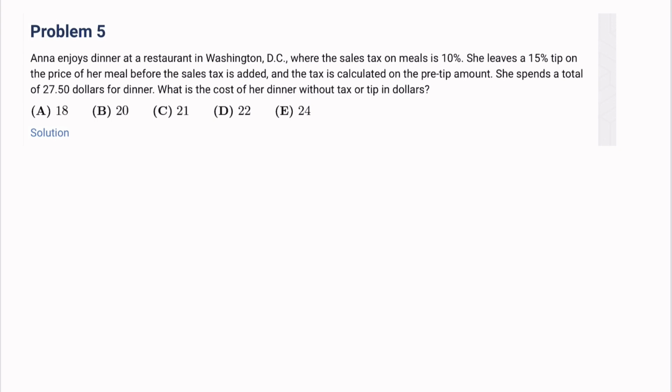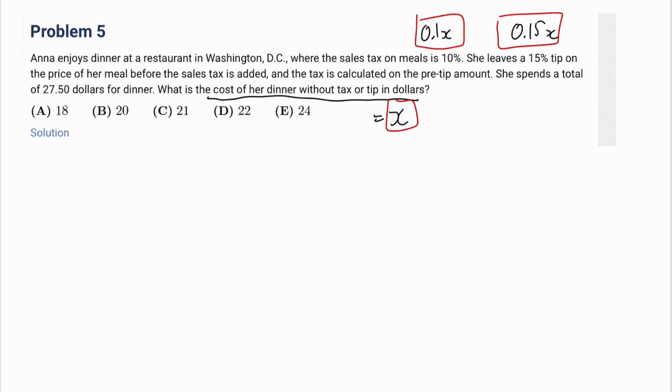Okay, so let's say the cost of her dinner without tax or tip is x, right? And she had 10% sales tax, which means 0.1x, and she left a 15% tip, which means 0.15x, right? So x and 0.1x and 0.15x, all of them added together is 1.25x, which equals $27.50.